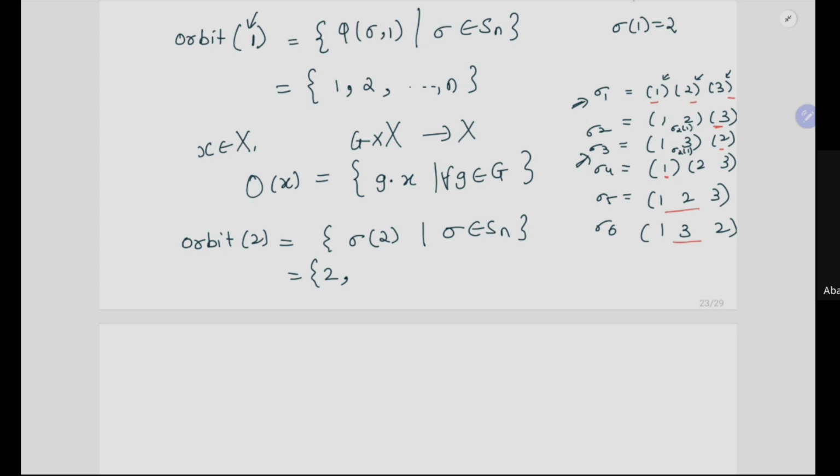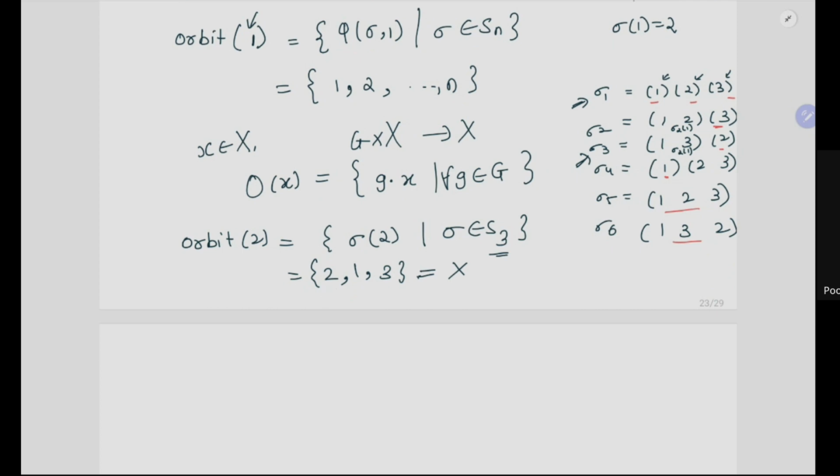In sigma 2, it goes to 1. In sigma 3, it goes to 2 itself, so we already have 2 here. In sigma 4, 2 is going to 3. The rest is fine, because this is my entire set, S3. So this is the orbit of 2.